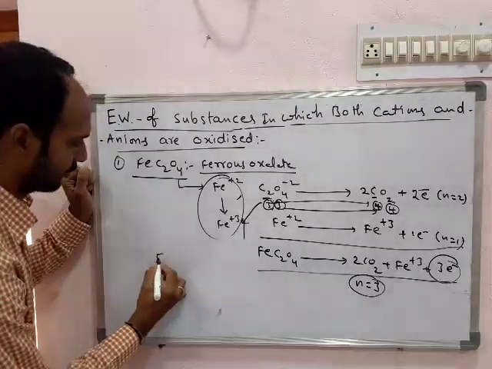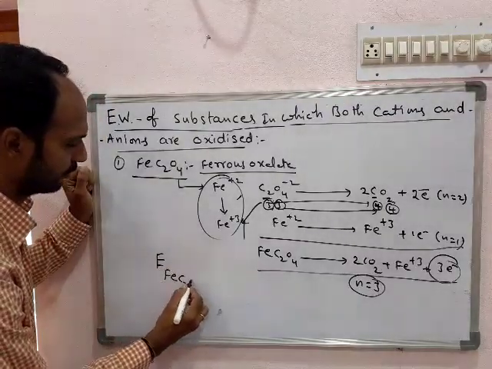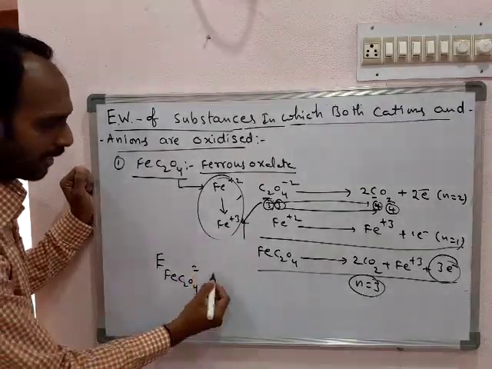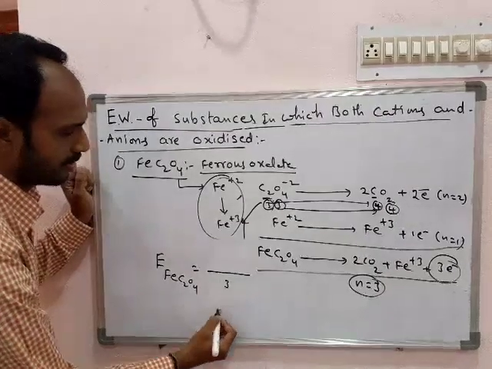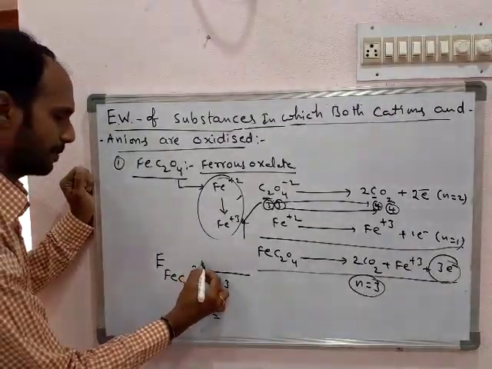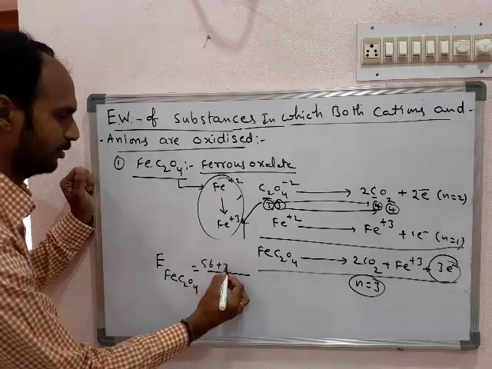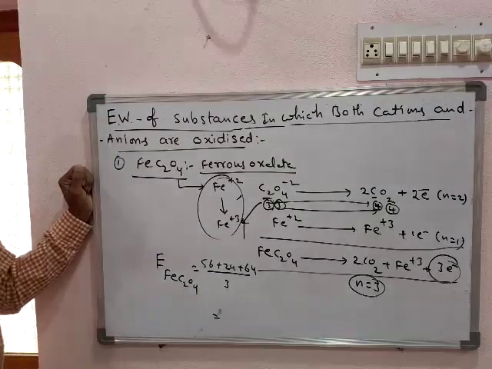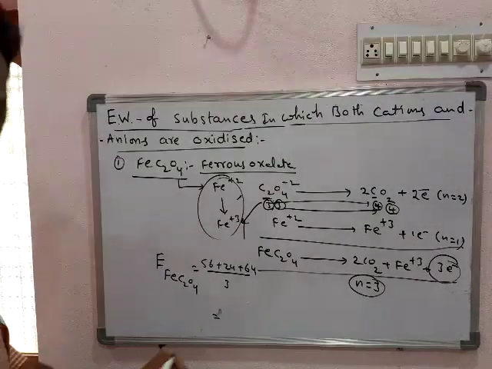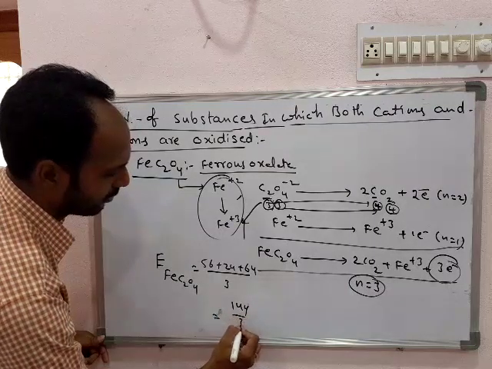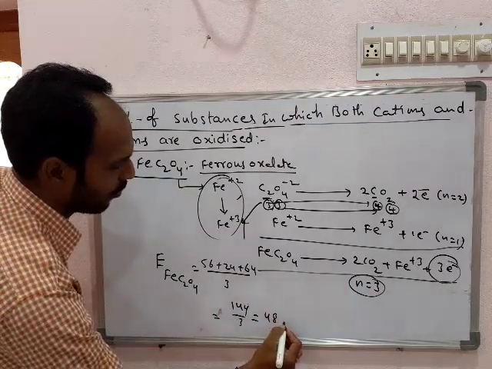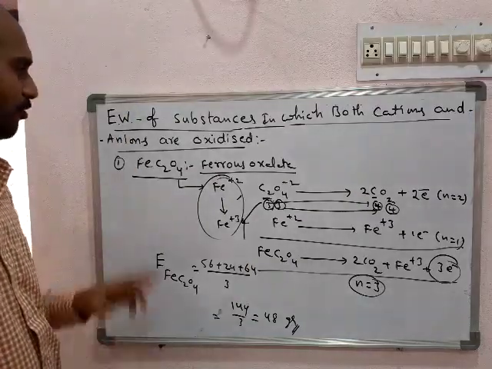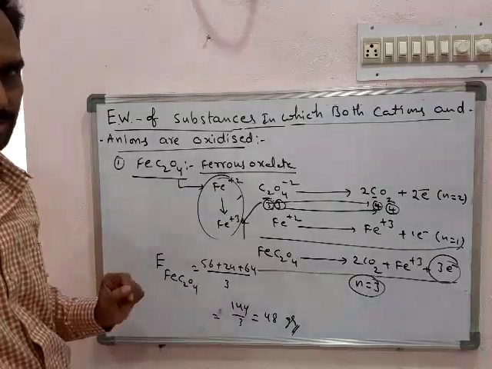Therefore, the equivalent weight of ferrous oxalate is its molecular weight by 3. So what will be its molecular weight? 56, 24 and 64. And here we get 144 by 3, that is approximately equal to 48. So this is the equivalent weight of ferrous oxalate.